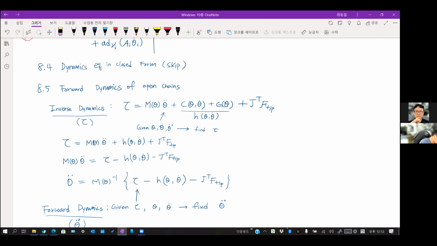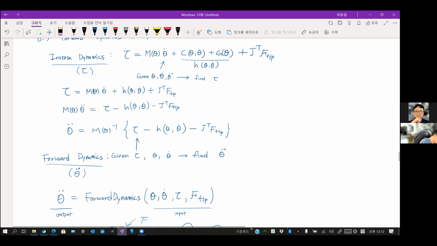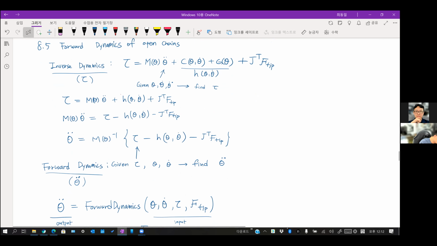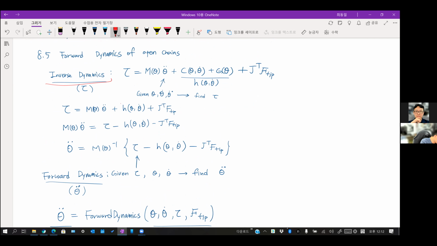So this information becomes the inverse dynamics equation, which has this kind of form. In the inverse dynamics equation, there is the M matrix, the mass matrix, and the mass matrix is multiplied with the joint acceleration term. And there is a C term and a G term. The C term is the centripetal or Coriolis acceleration term, and this one is the gravitational force term. So if we know the inverse dynamics equation, then we can rearrange it, and finally we can get theta double dot using this equation.